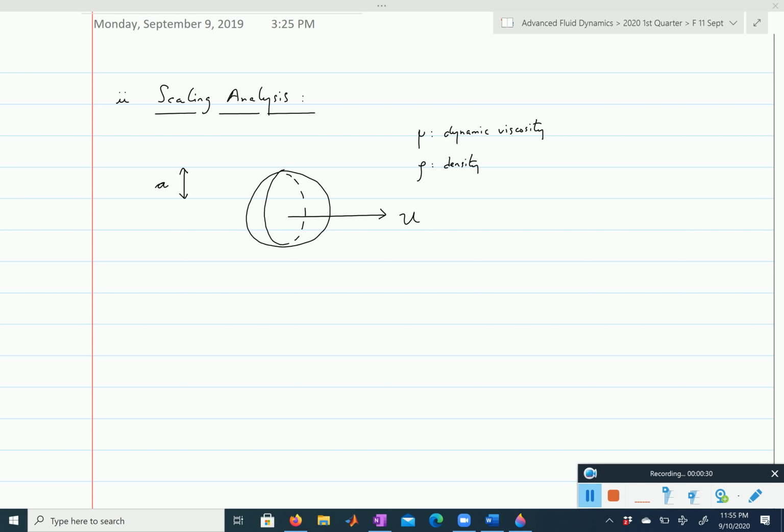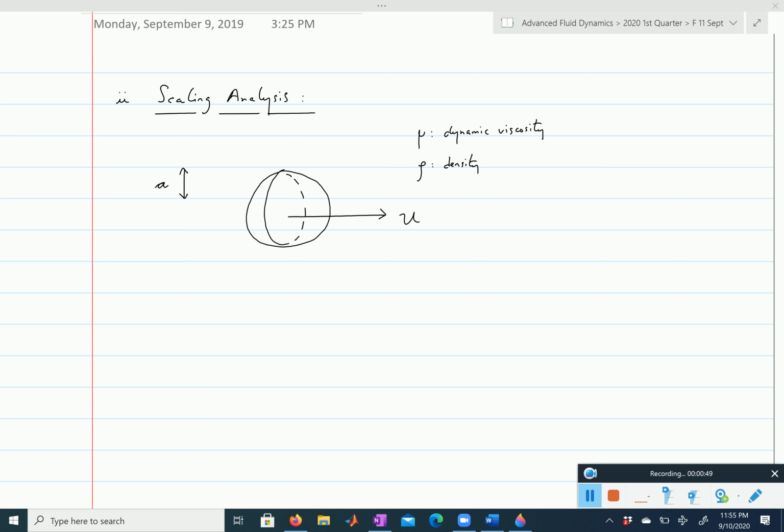So here we'll still reason with the dimension, but on top of that we'll add a little bit of our knowledge of the physical system. And we'll see that we can infer a little bit more than just what we had in dimensional analysis.